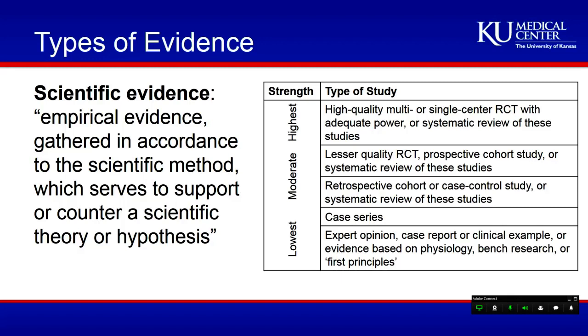So for instance, the highest level of scientific evidence is going to come from a randomized controlled trial or some kind of systematic review of randomized controlled trials, because those apply principles of experiments to identifying and estimating associations.